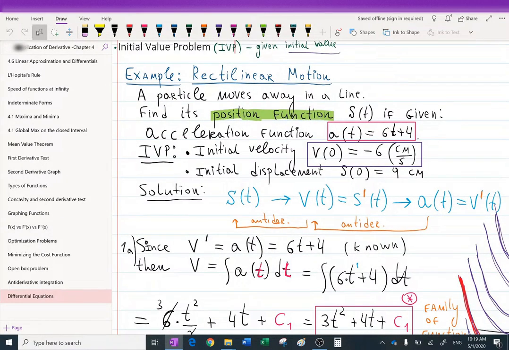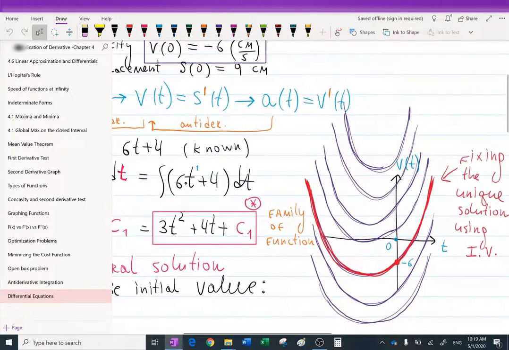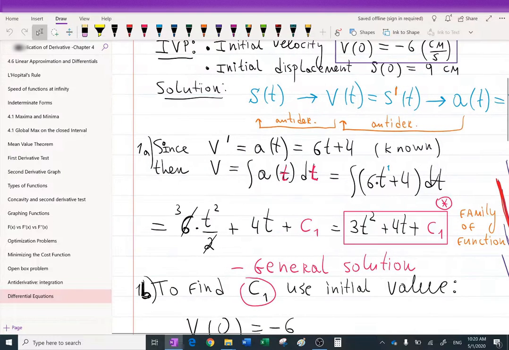The speedometer recorded that at some point of time the speed was that, or the distance was this, and so on. And that's how from the whole family of functions you can pick the one that matters for you based on the recorded data, based on the initial value. And that's why it's called IVP, initial value problem. And it's also called differential equations because differential equations are equations that have derivatives in them.